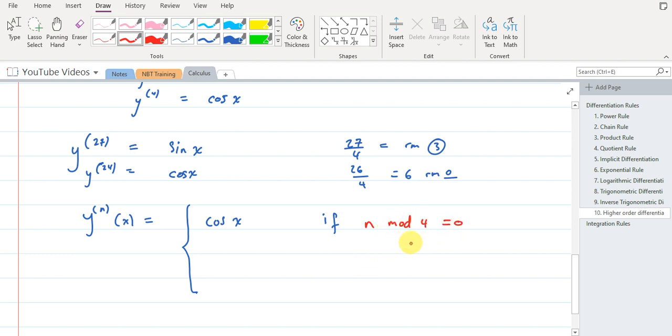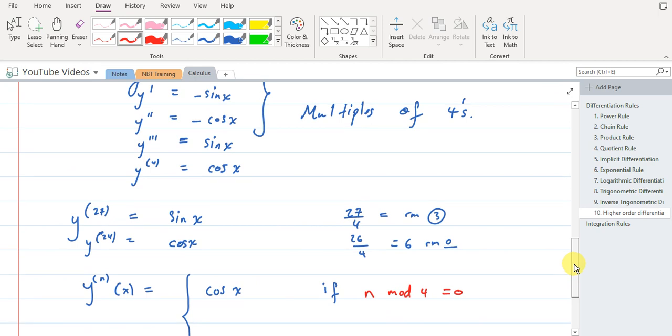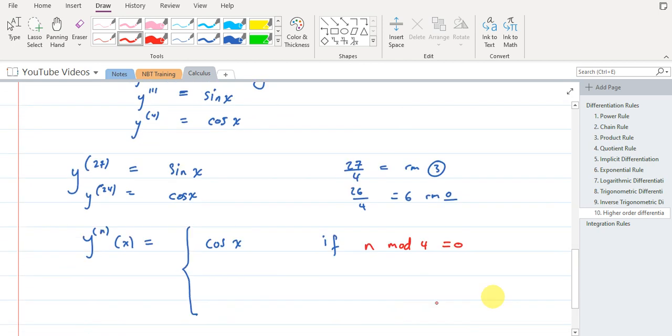In other words, I'm taking n, dividing it by 4, and getting a remainder of 0. If n mod 4 equals 1, then it is equal to negative sine x.